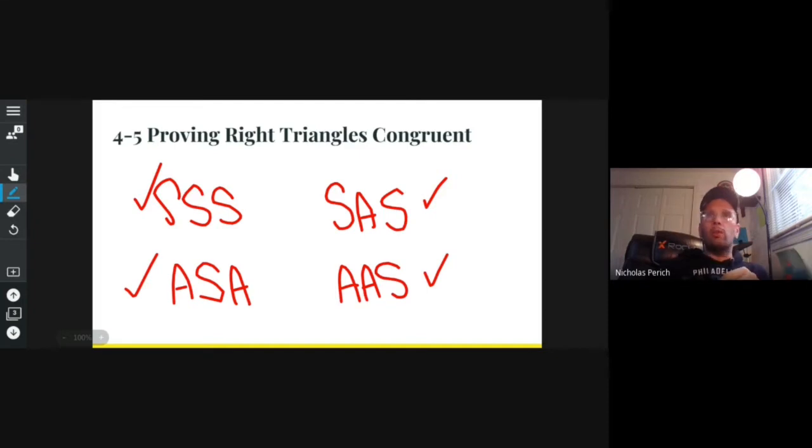Now, fortunately, we live in a world where we have special types of triangles called right triangles. And so with right triangles, the right angle is given. So if I give you a triangle like this and a triangle like this, and I tell you that those two sides are the same and those two sides are the same, traditionally, we would look at this and say, oh, that's side, angle, side.